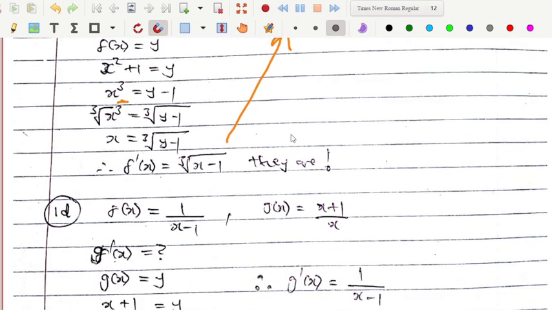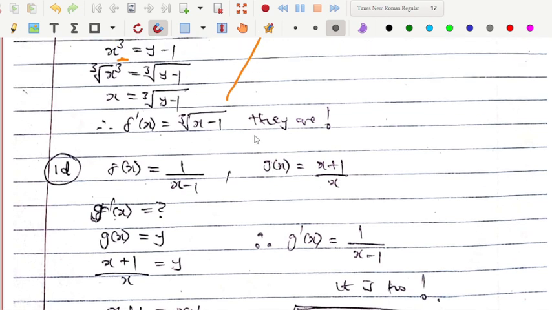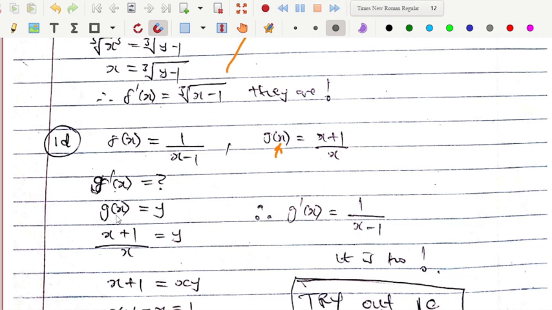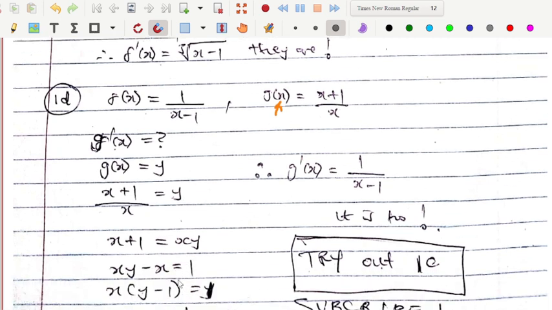So moving to the next one, you can pause the video if you want to try it out. This is how you go about it. Now this is a bit tricky, so you do the same also. In this case I took this one so that I can see what it will give me. So I will do the same. g of x should be equal to y like I did here. Next, after doing so, I cross multiplied, then it gave me that, as you can see.